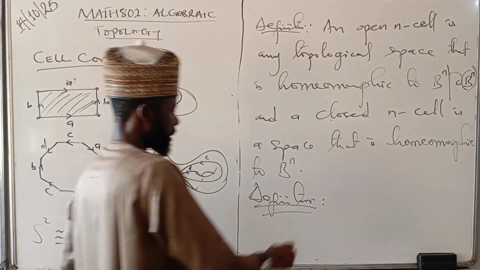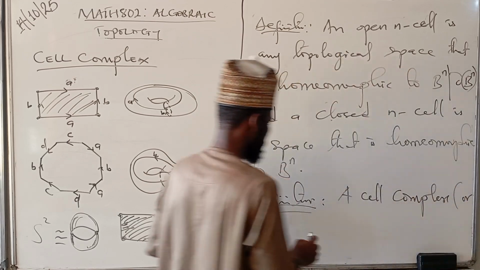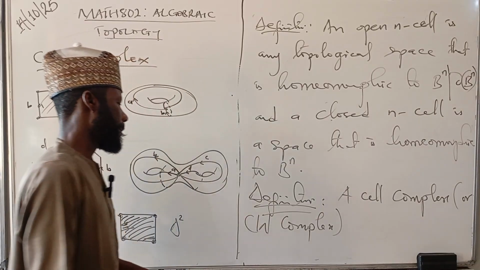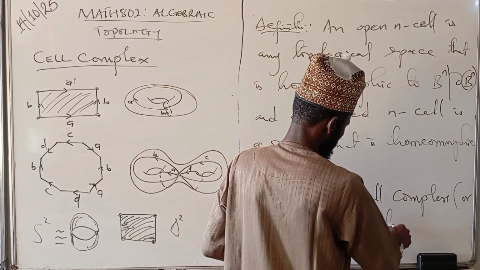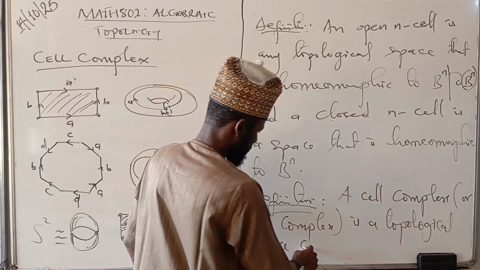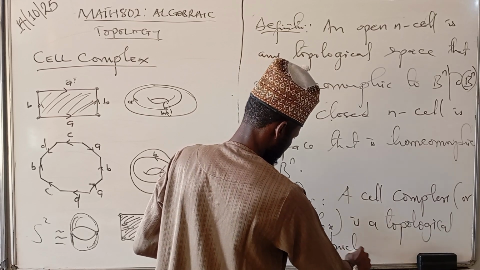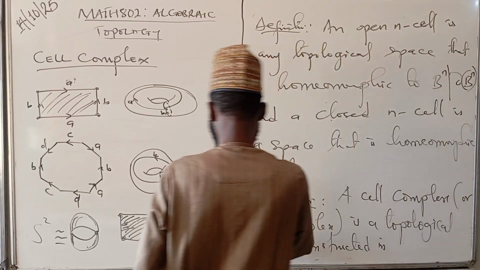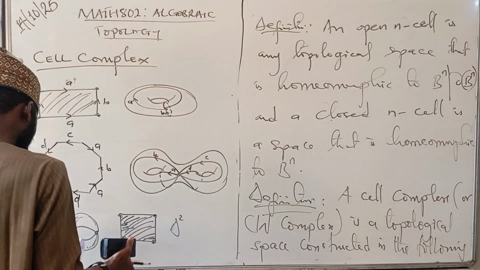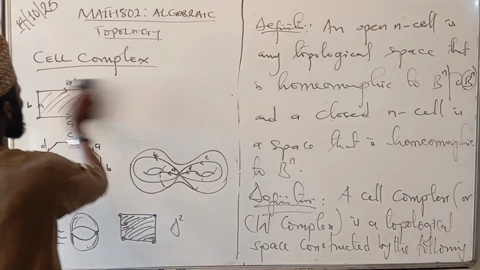So, definition. A cell complex, sometimes called a CW complex, is a topological space that is constructed by the following procedure.